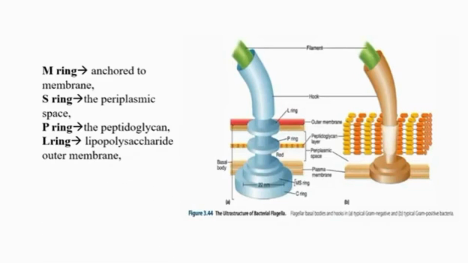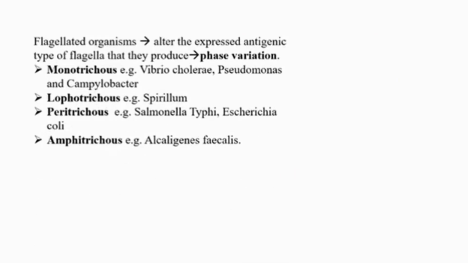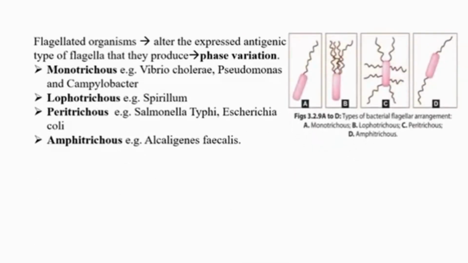The basal body consists of the M ring that is anchored to the membrane, the S ring that is anchored to the periplasmic space, the P ring which is attached to the peptidoglycan, and the L ring that is attached to the lipopolysaccharide outer membrane.